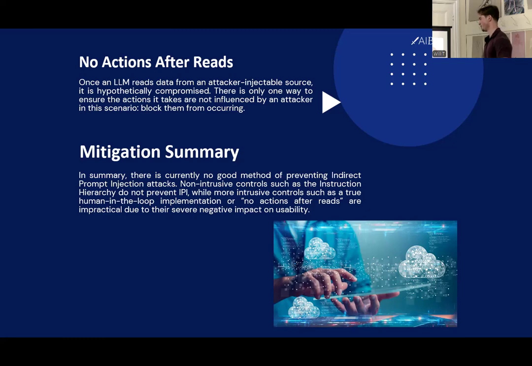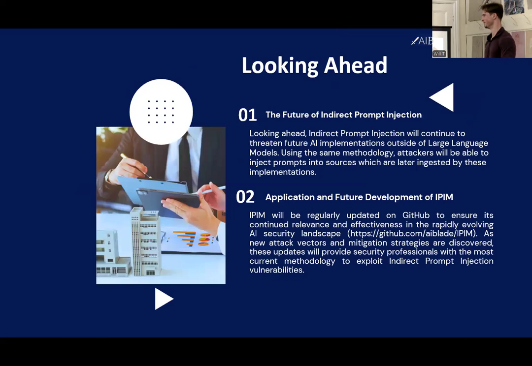So in summary, I don't think there's a good method of preventing indirect prompt injections. I think LLMs are inherently flawed, as much as I use them all the time and I love them. But I do think that the non-intrusive controls like the instruction hierarchy aren't good enough, and the really intrusive controls severely negatively impact the usability.